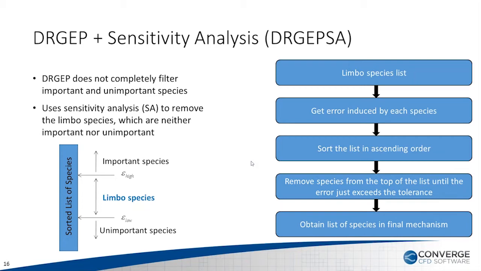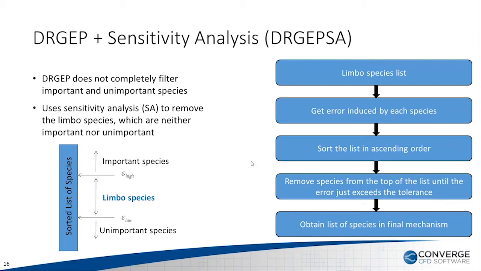We call these our limbo species. Limbo species can be important or not important at all based on the conditions you pick. So what we do here is run the sensitivity analysis to figure out which species are actually important for the conditions we are interested in.